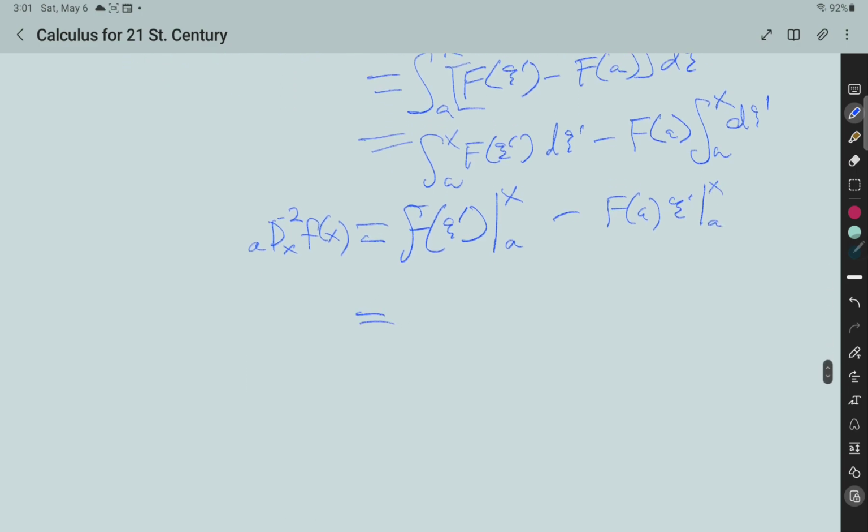Okay, so this is equal to the first term on the right hand side. I'm going to stick the x in here, so I have F of x minus, I put a into c prime, so F of a. And then the second term of the right hand side is going to be minus F of a, which is a constant, and then put in the limits of integration, so that would be x minus a.